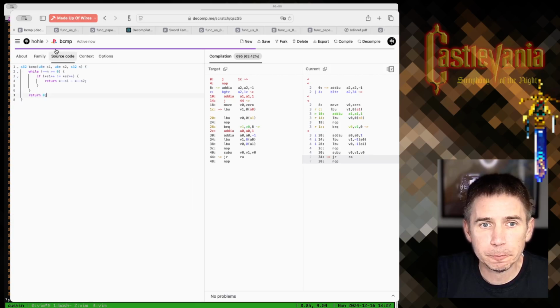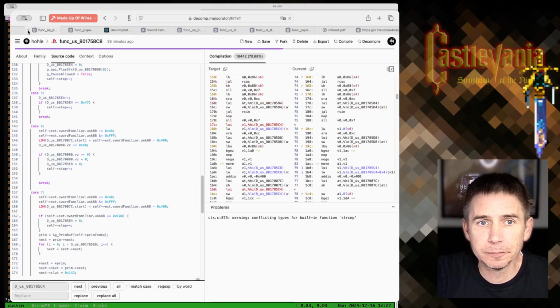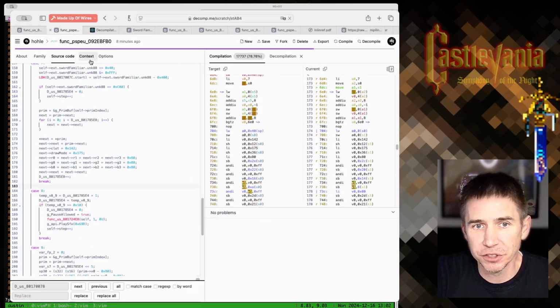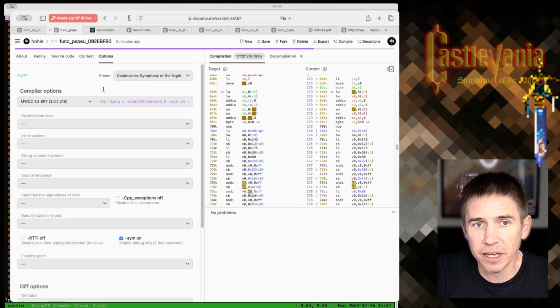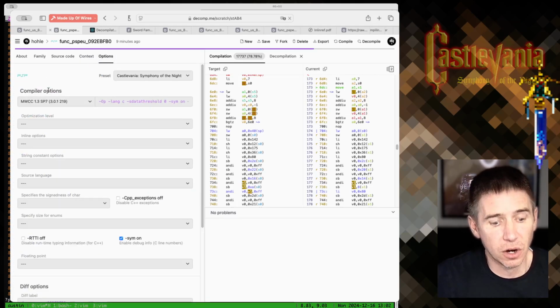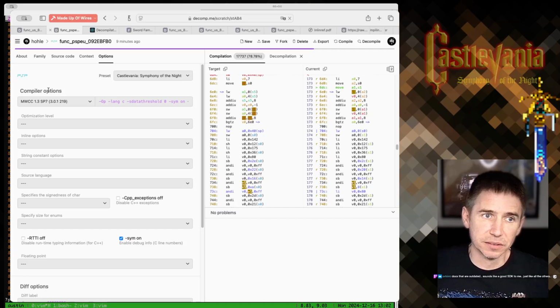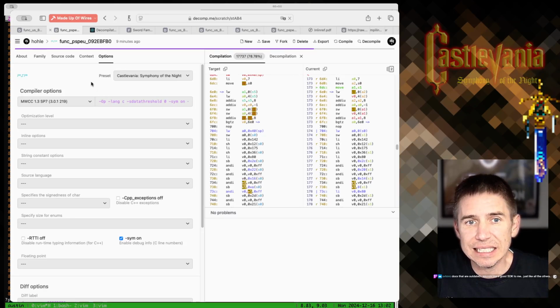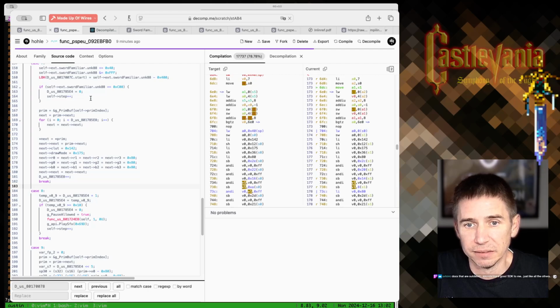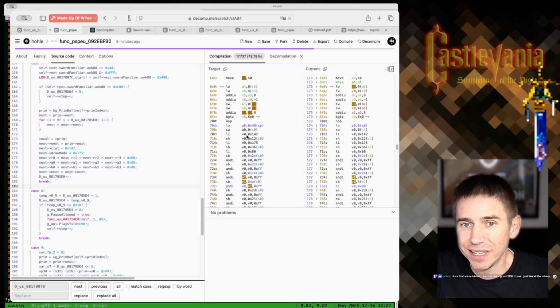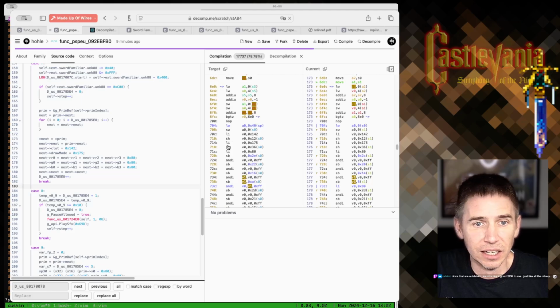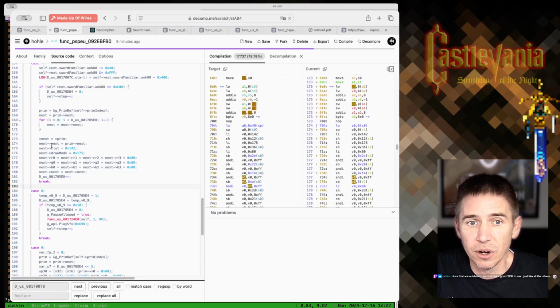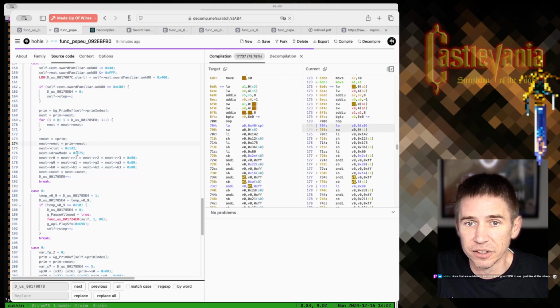For the PSP, it's MetroWorks, and for overlays, stages, weapons, things like that, they didn't compile with optimization on. And so we get really nice linear code that is not nearly as verbose.